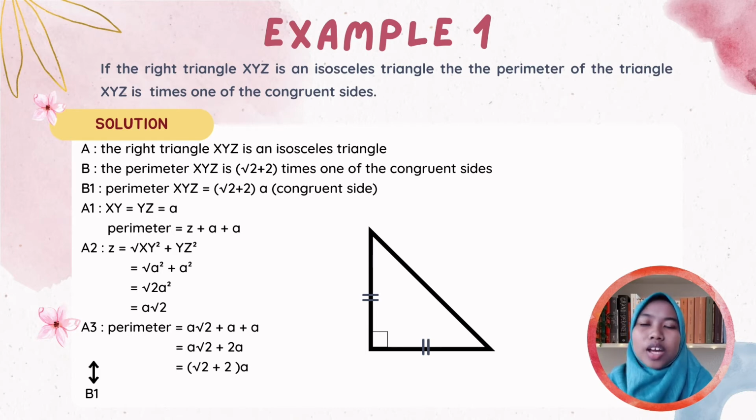A3, to find the perimeter, we must calculate all sides. So, perimeter is equal to a plus a plus a square root of 2, equal to a multiplied by square root of 2 plus 2. So, this is the proof for B1.